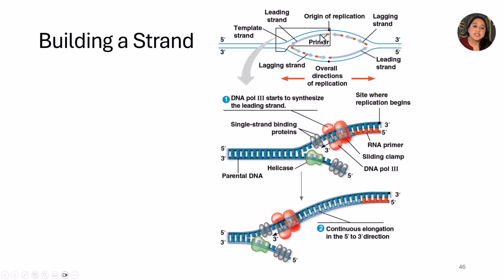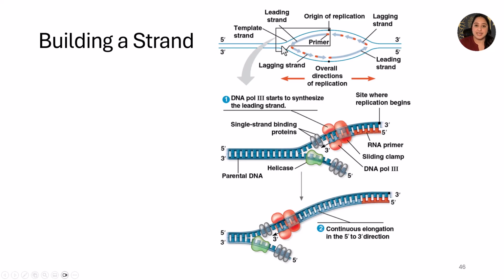But then you can see on the other half below, because it can only be grown 5' to 3', you go like this. But then there needs to be a primer. So then you have to start and stop over and over. And so that other strand is called the lagging strand because it takes a little bit to make each part and then link them together.